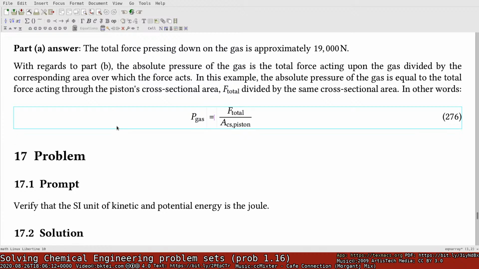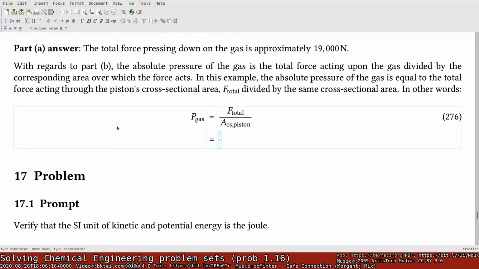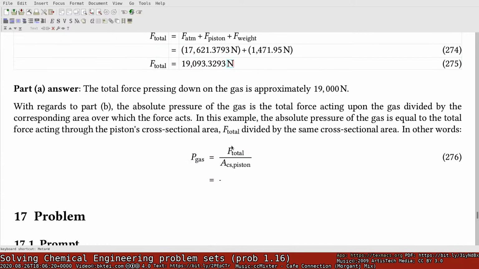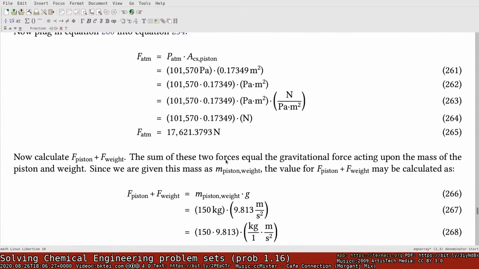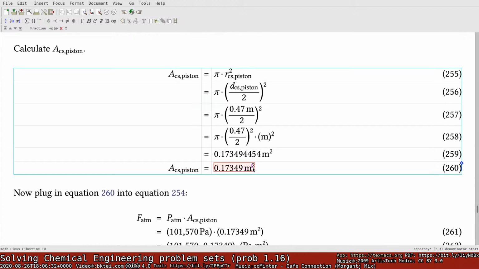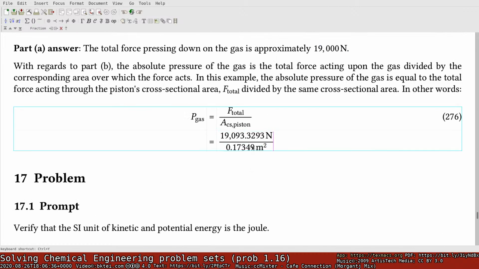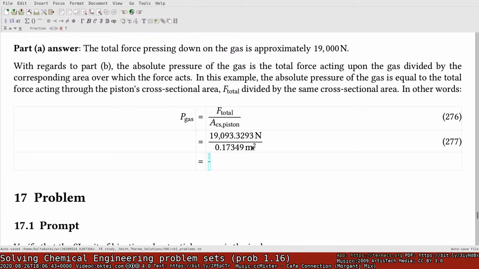Okay, and then we'll just go ahead and plug in values for this. So force total, we have that. Area CS of the piston. Did we calculate that separately? We did. I don't think in the previous problem we did, but we did this time. All right. And that will be, yeah, 19.